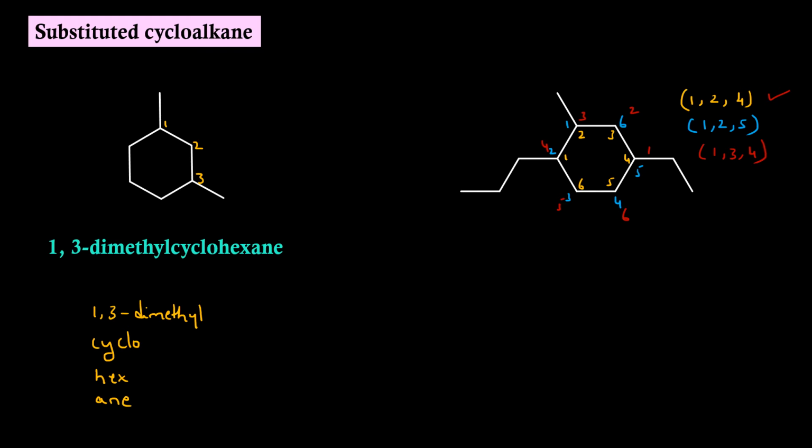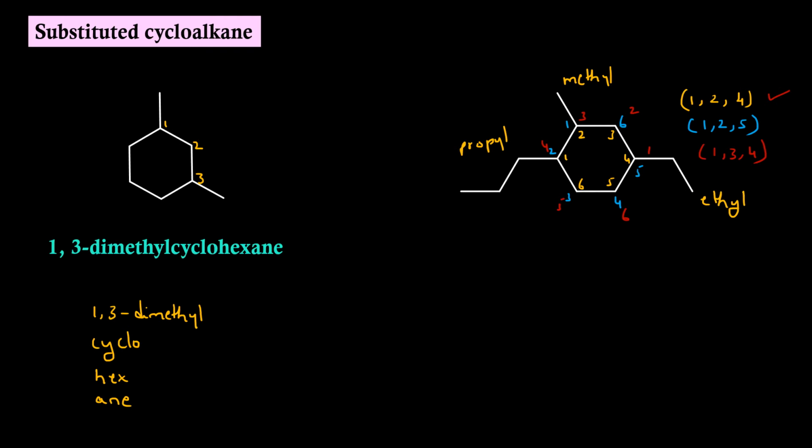If we try to write the name of the molecule, then this substituent will take up the prefix name propyl. This will be methyl. This will be ethyl. Alphabetically, ethyl wins over methyl and propyl.